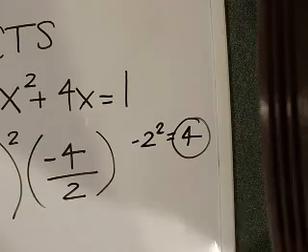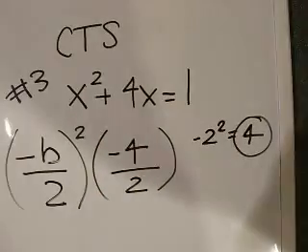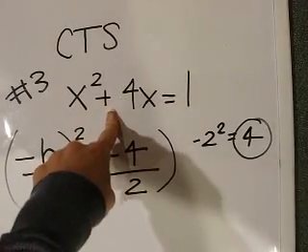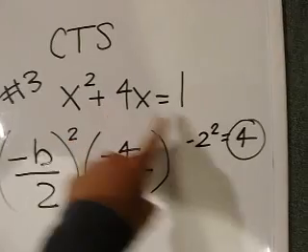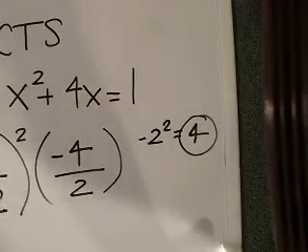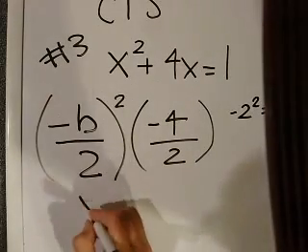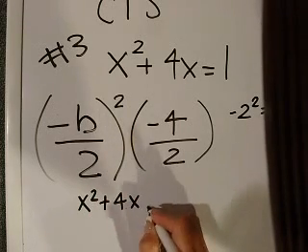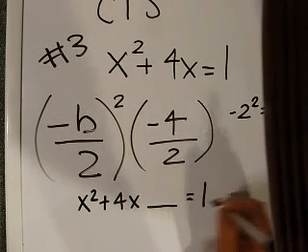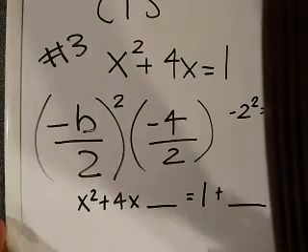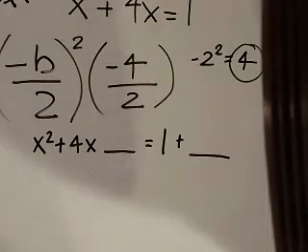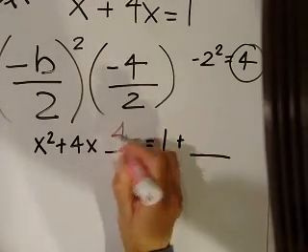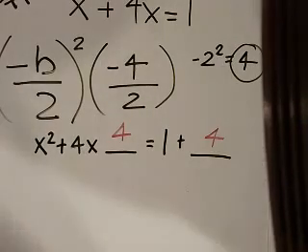Now this is the term you're going to add to this side of the equation. But if you add it to this side, you have to add it to the other side. So this is the term we got, and we're adding it to both sides.